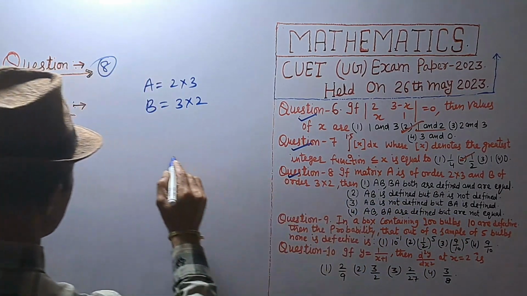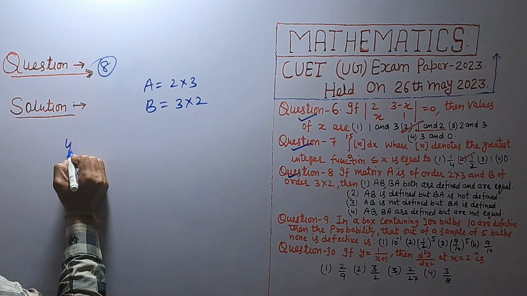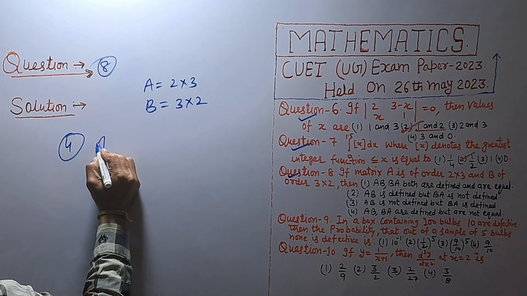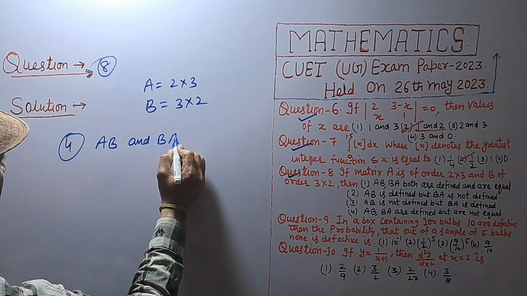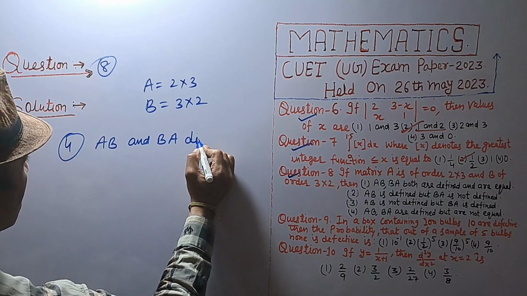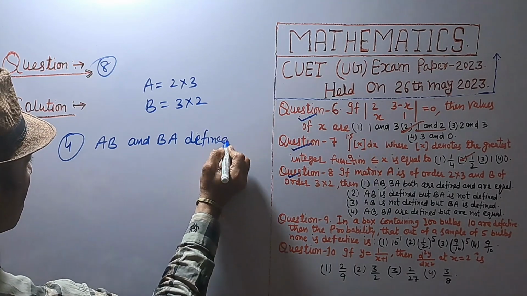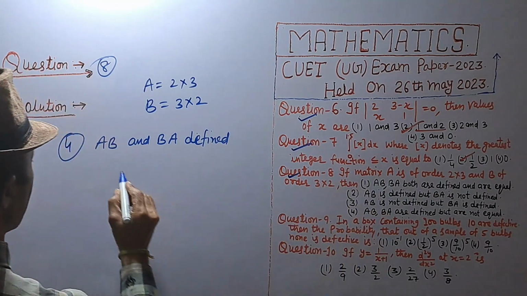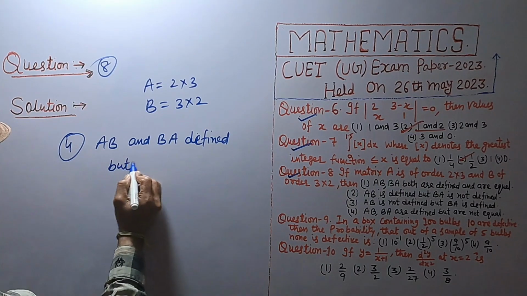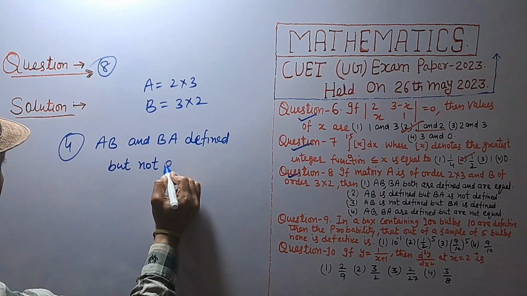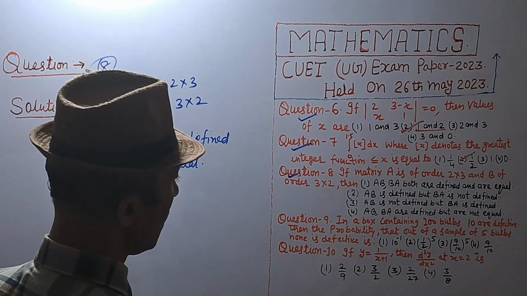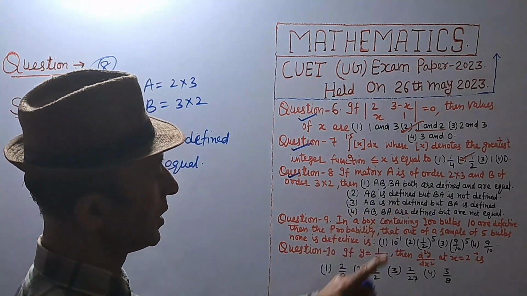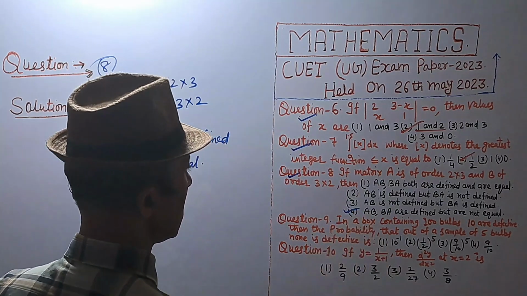Option 4. Option 4 is correct. AB and BA defined but not equal. Option D is the correct answer.